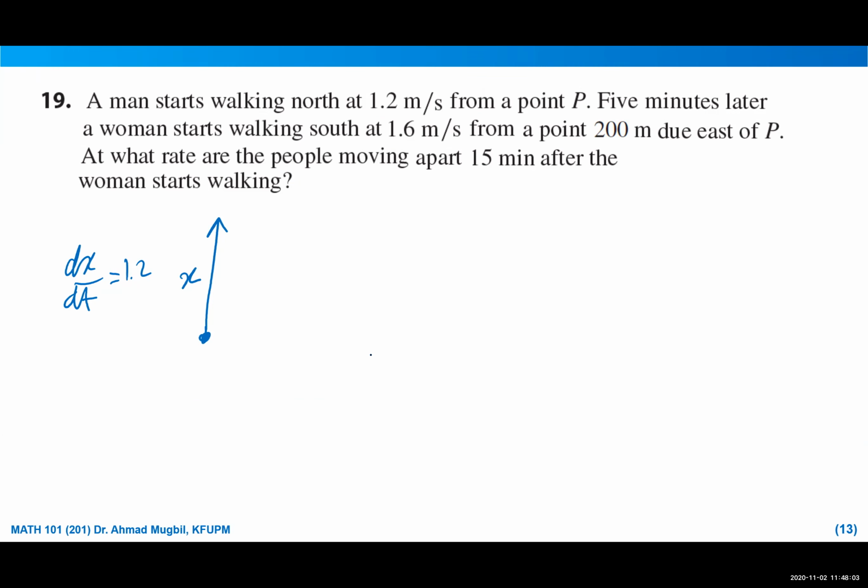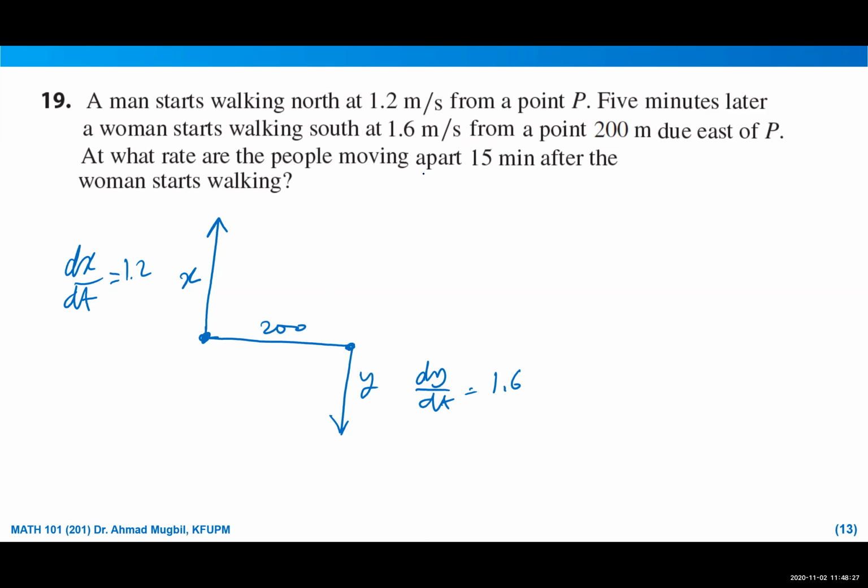So the woman starts moving down like this. South, it was north. Let's say the distance here is y, so dy dt is equal to 1.6. She starts from a point 200 meters due east of P. So the distance between this woman and that man is 200 meters.